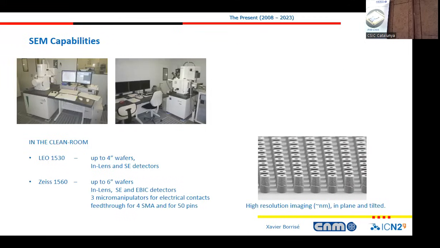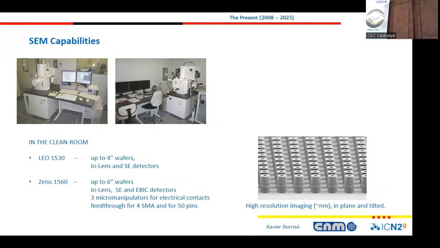So, to remind you, as SEMs, we have these two systems in the clean room. This one is the old one that we used for lithography at the very beginning, which has basic topographic detectors, and we can load up to 4-inch wafers. And then we have this one, which is the old FIB. At some point the FIB didn't work anymore, so that's why we bought a second FIB. But as an SEM it's still working, and now we are using it.